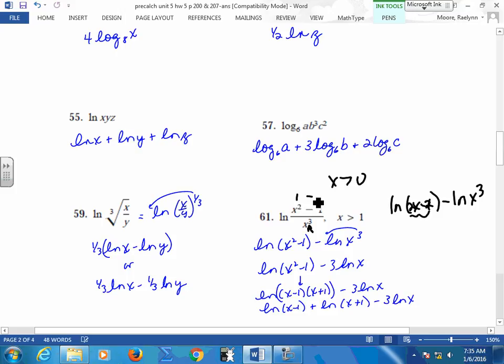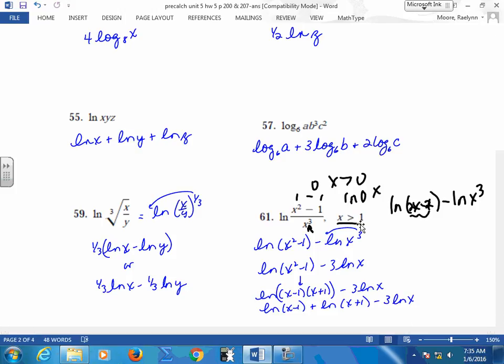If we put a 1 in here, this will give us a 0, which will say the ln of 0, and we can't do this. So that's just like a clarifier. You solve it the same way, knowing that x has to be greater than 1. Because if we put a 1 in here, we're in trouble. Normally your domain is, you're right, x is greater than 0, but this one has a little problem in the numerator.